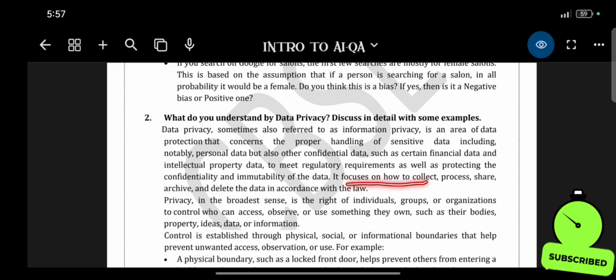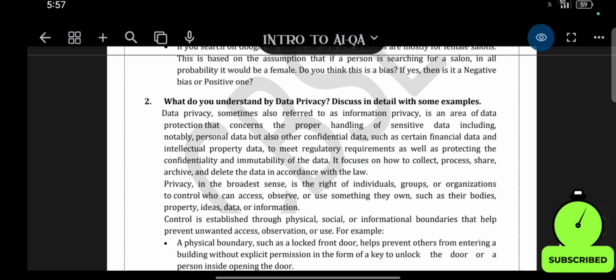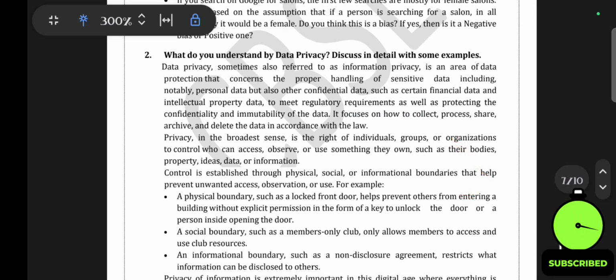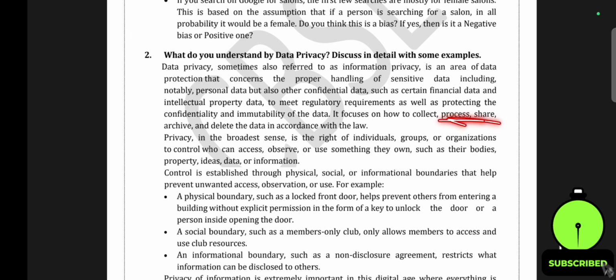It focuses on how to collect, process, share, archive and delete the data in accordance with the law.